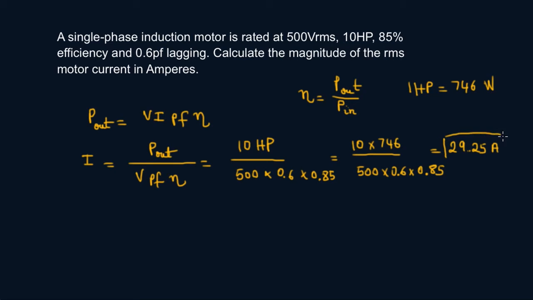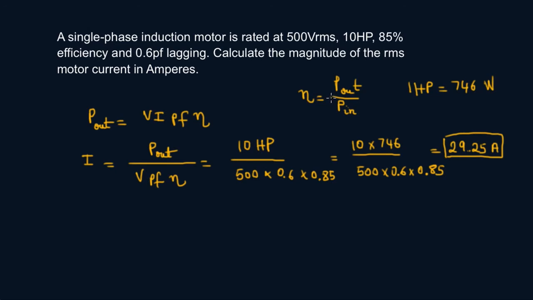It's the same example as some of your NCEES example problems. This is the formula you've got to use to solve the problem. Looking at the solution can sometimes be confusing, but remember that 1 horsepower is equal to 746 watts.